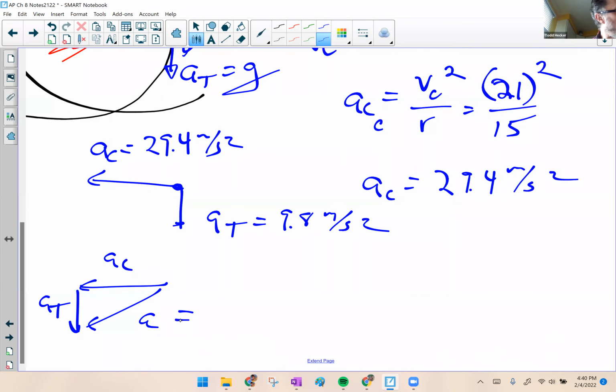Go through and do the Pythagorean theorem, and you will get 31 meters per second squared. If you wanted to, you could find this angle, which I don't know off the top of my head, but you could definitely figure it out. It would be 31 meters per second squared at some number of degrees below the horizontal, however you want to write that. The point is, there are two types of acceleration: you're speeding up, so you've got tangential acceleration, and there's centripetal acceleration to deal with.